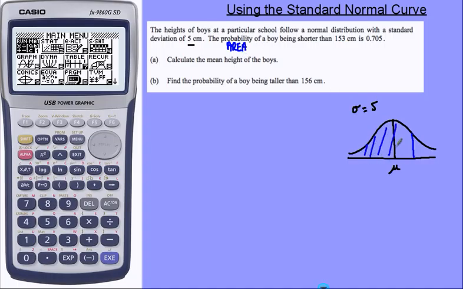The area, the probability, 0.705, less than 153.